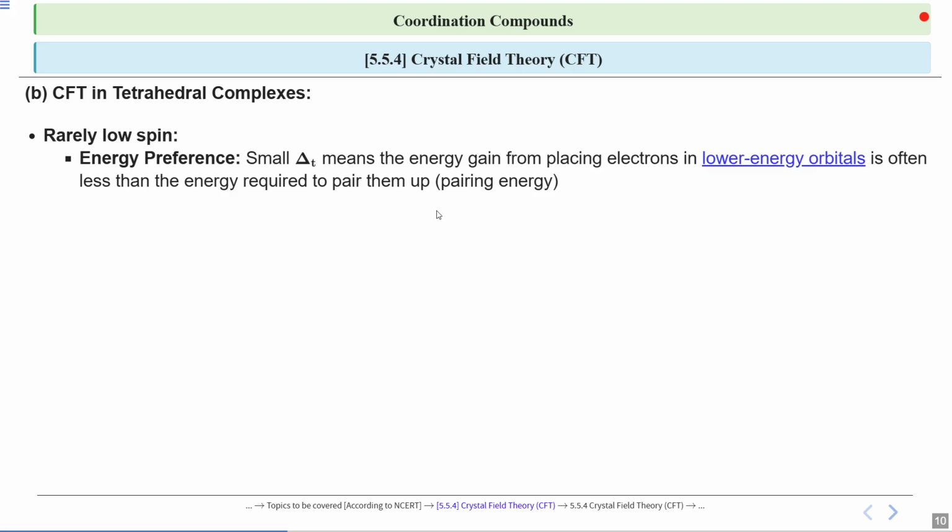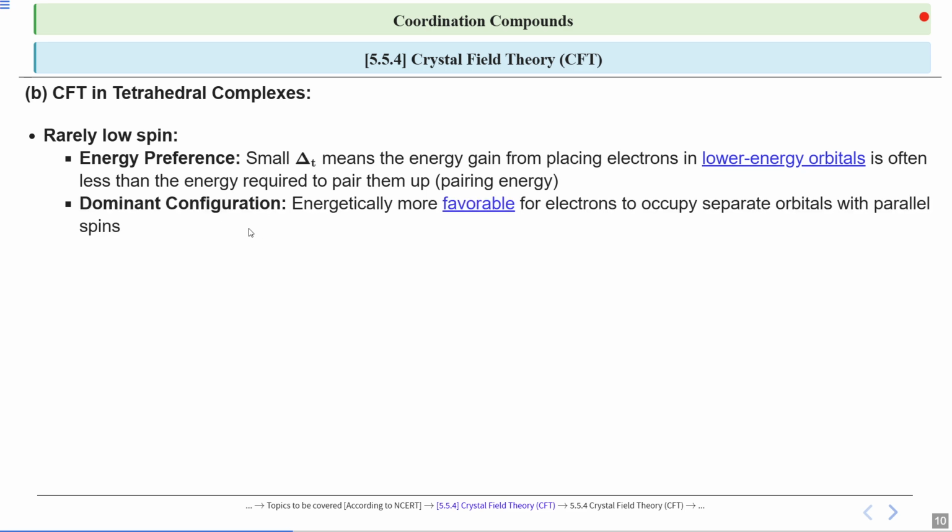So we are saying that if delta t is small, it means the energy we are gaining from placing the electrons in the lower energy orbital, which here is the E set, is going to be lesser than the pairing energy required to pair them up. That causes the delta t value to be smaller. So this is the energy preference in the tetrahedral complexes case.